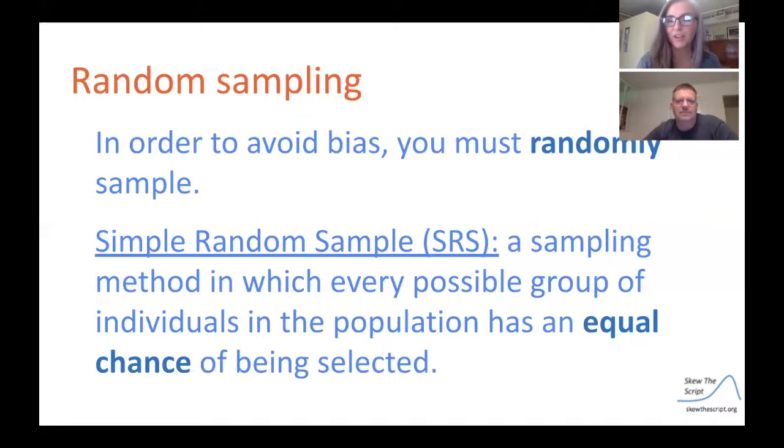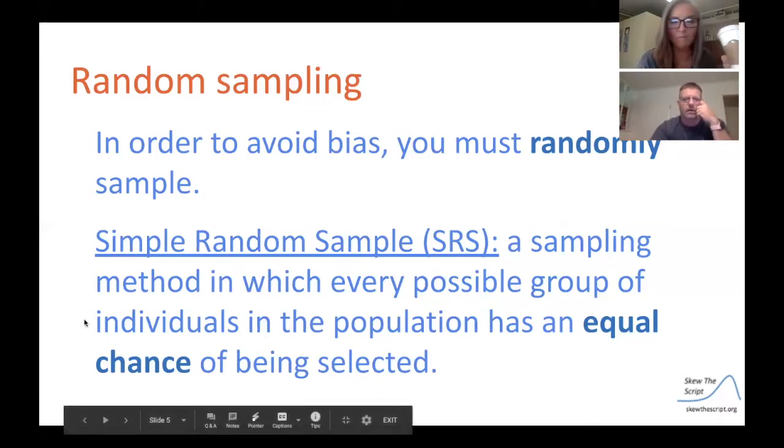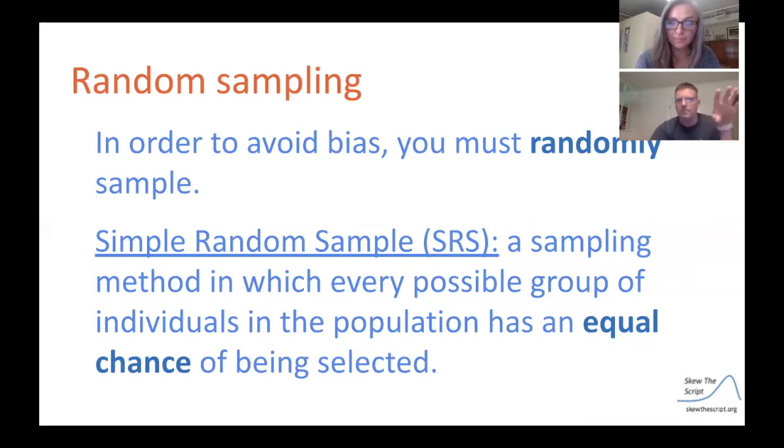You must randomly sample because we want to avoid what's called bias. We want to try to be fair and accurately represent the population we're surveying, okay? So again, we talked about simple random sample is the most generic way where you just number whatever from 1 to however many and pick them using some form of random number generator. And I know you think this is crazy, but there actually are books of random numbers. There's tables.